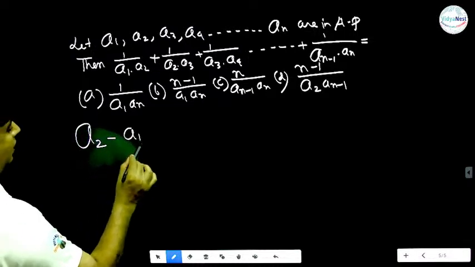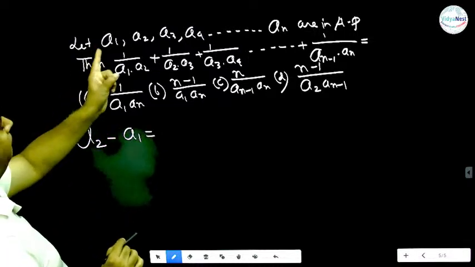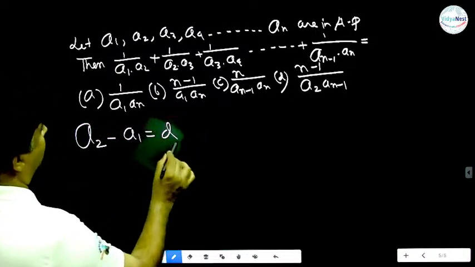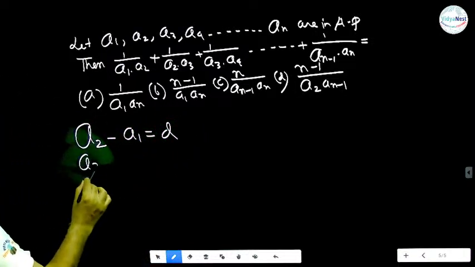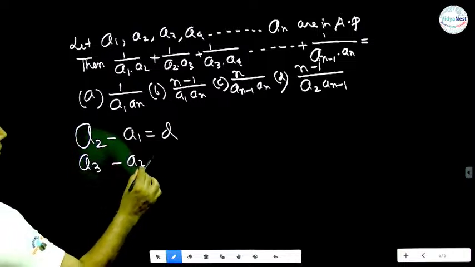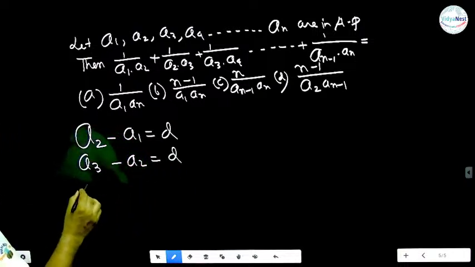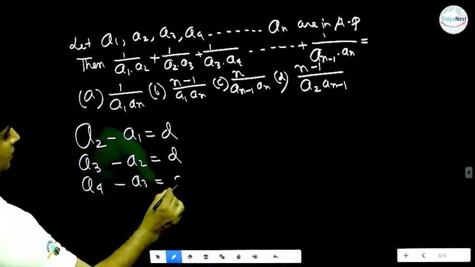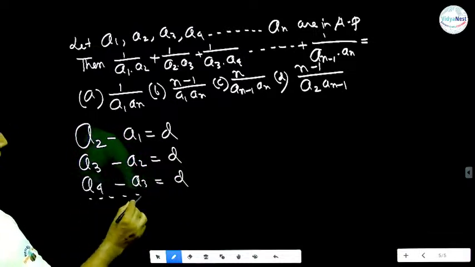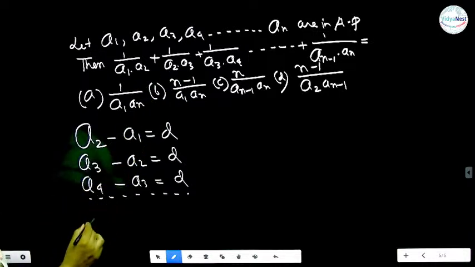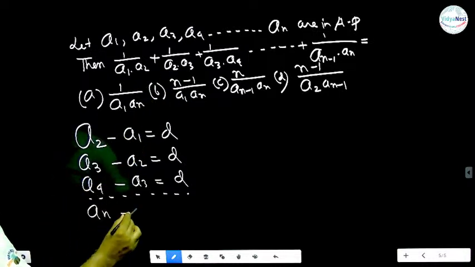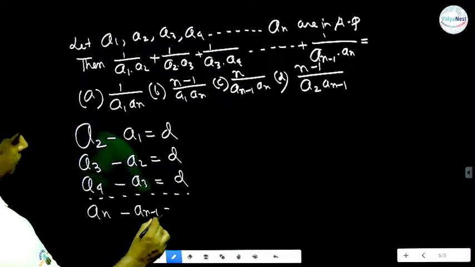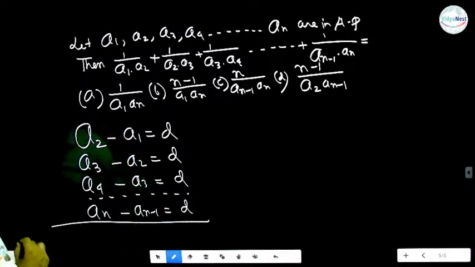A2 minus A1, the difference between these two, is d. A3 minus A2, that is also d. A4 minus A3, that is also d. And the last term, that is also d.